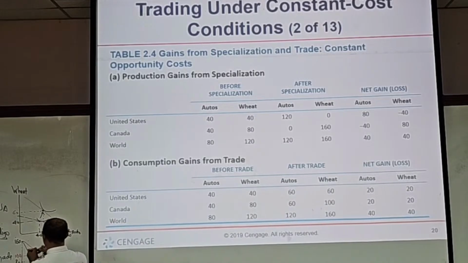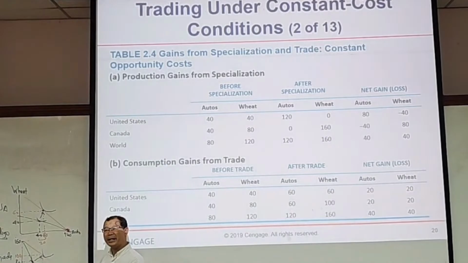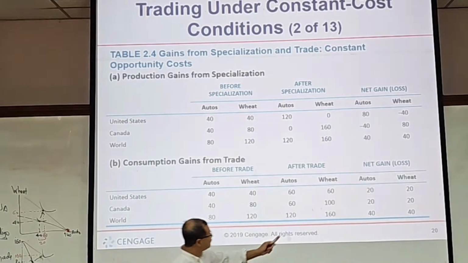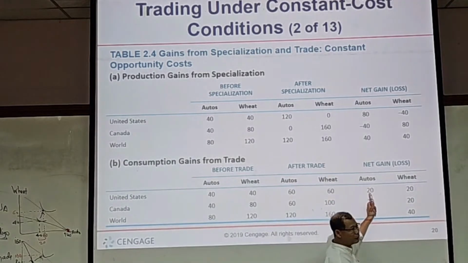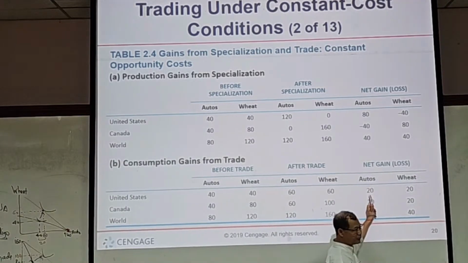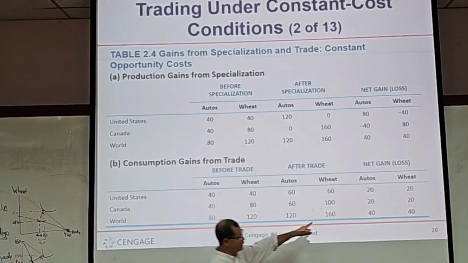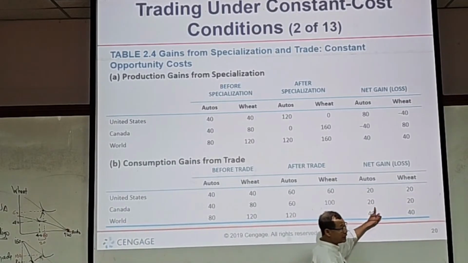for the United States, net gain in the consumption is 20 of autos.